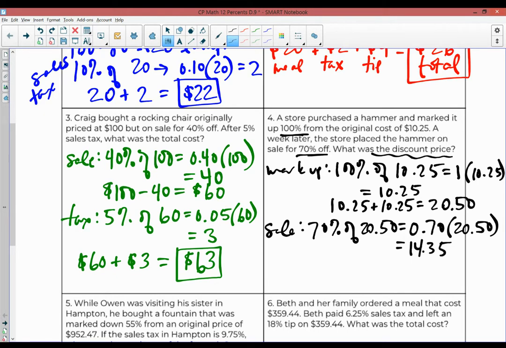That's how much they're taking off of it. They're taking 70% off. So then we have to do 20.50 minus 14.35, and that's 6.15.